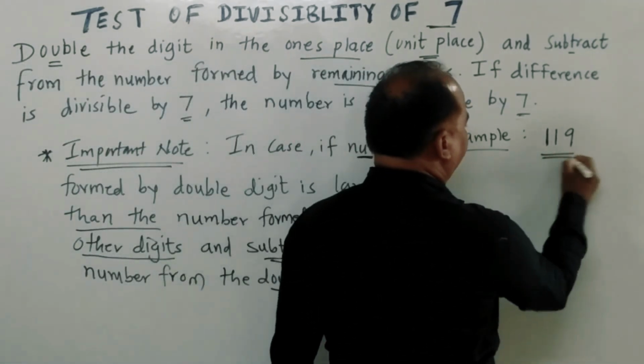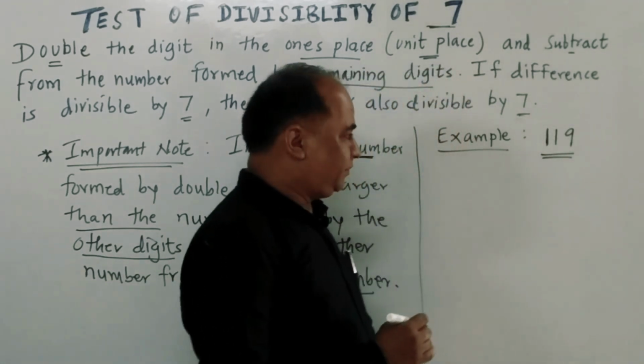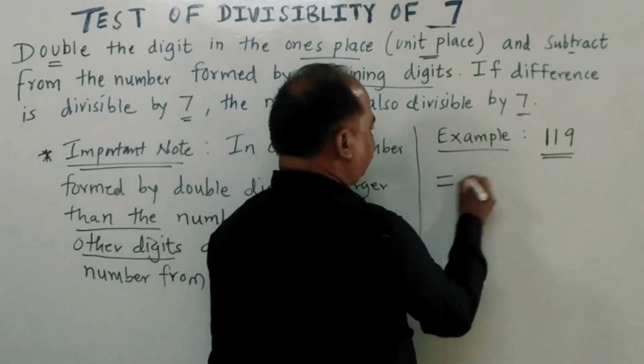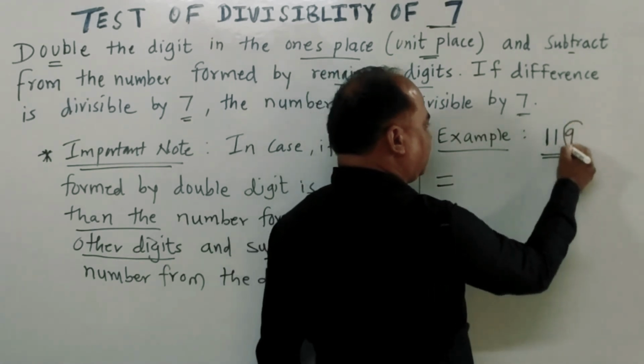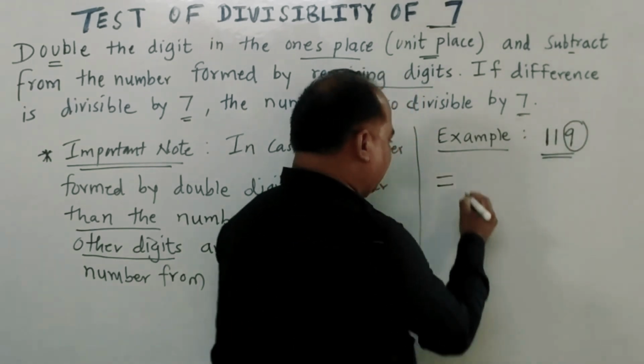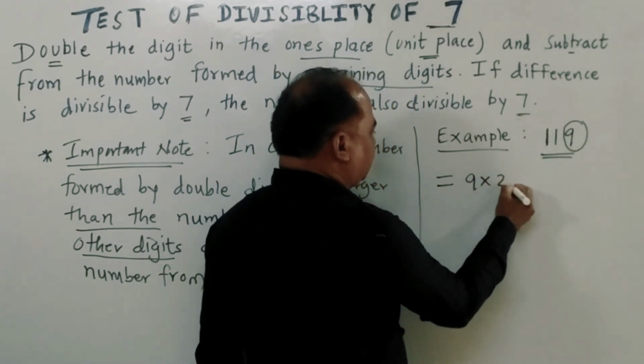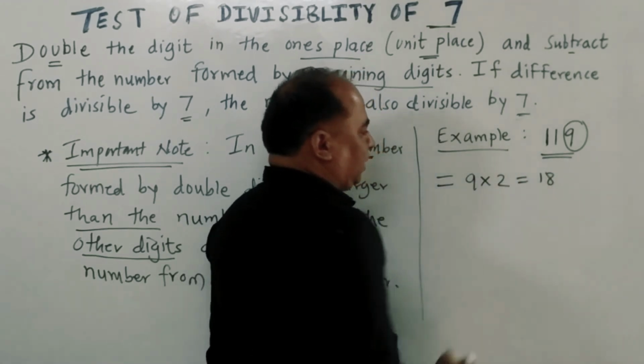Here the example is 190. First we double the last digit, that is the unit place. So 9 times 2 is equal to 18.